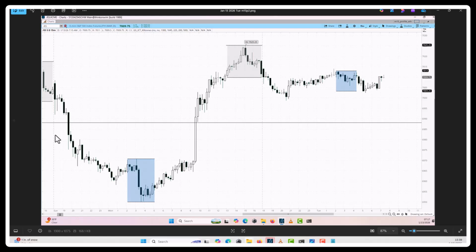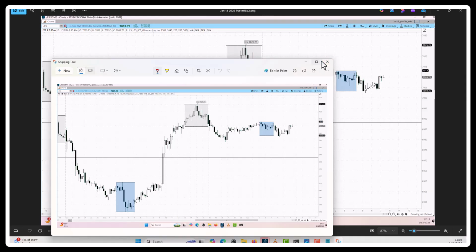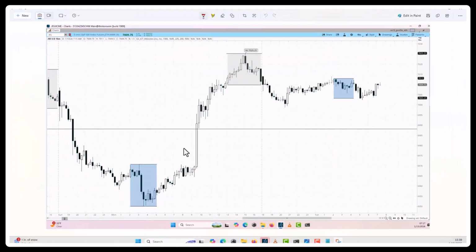That's right. So let's see. We see something right here, very interesting. So basically we identify the gap up right here. Right, there's a gap right there.